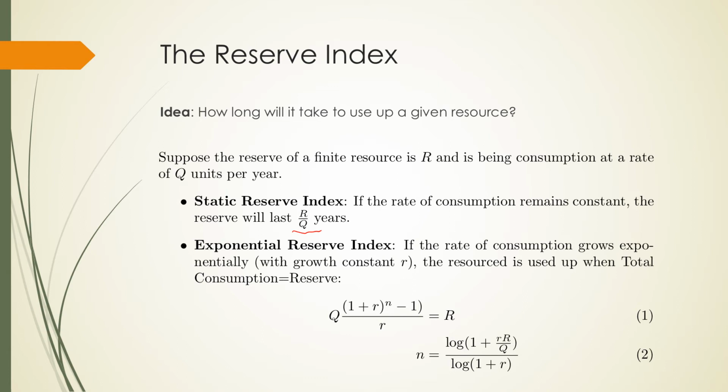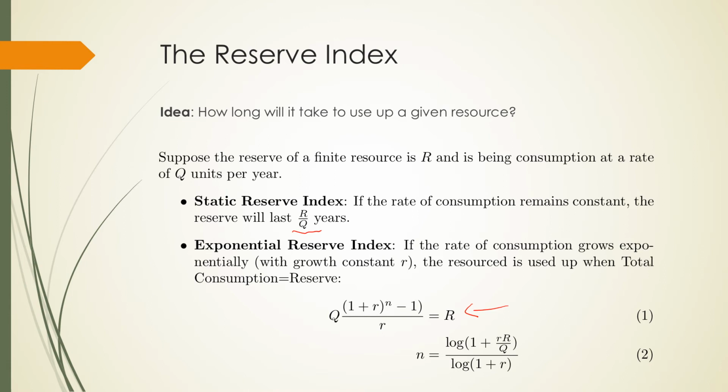Another possibility is that consumption grows exponentially, say with a growth constant R. We saw in earlier videos that this fits human patterns of consumption in many instances. To determine how long the reserve will last in this case, we can use our previous work to express the total consumption at any given time. I can compute this using the accumulation formula I shared earlier in this video. Then we are asking when total consumption is equal to the reserve, so I set these two quantities equal to each other.